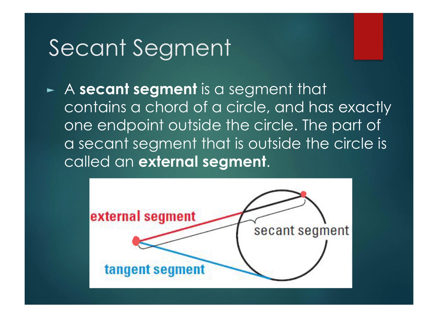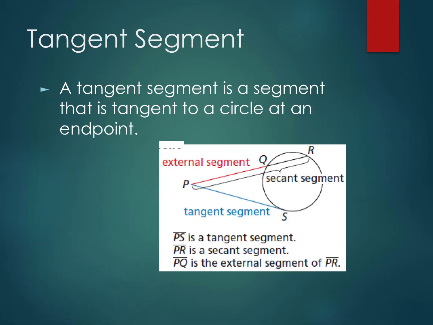The external, which is in red. Do you guys see that part? And the internal portion. Agreed? Now, a tangent segment, this blue one, does it have an internal portion? Does it ever go inside the circle? No. So tangents are a little bit different. A tangent segment, and this is on the next slide, is a segment that is tangent to a circle at an endpoint.